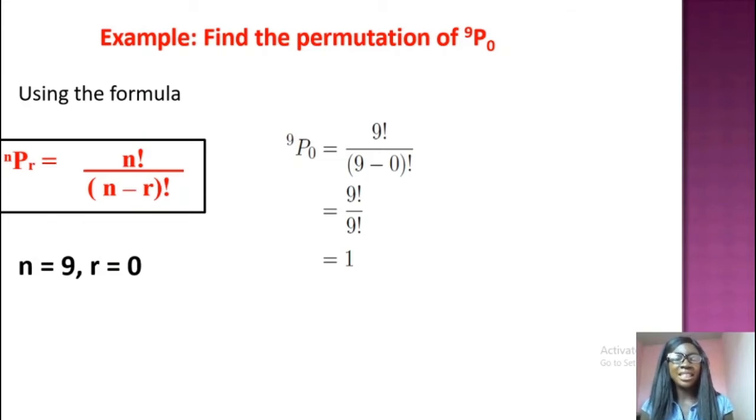So now you don't have to do 9 times 8 times 7 times 6, and do the same thing at the denominator. Everything will just give you 1. So in this case, you don't have to stress yourself. You just say 9 factorial divided by 9 factorial is equal to 1. So if the number of the numerator and the number of the denominator is the same, the answer is 1. Of course, even if you don't want to find the factorial, 2 divided by 2 is 1, and 2 factorial divided by 2 factorial is still 1. Okay, all right.